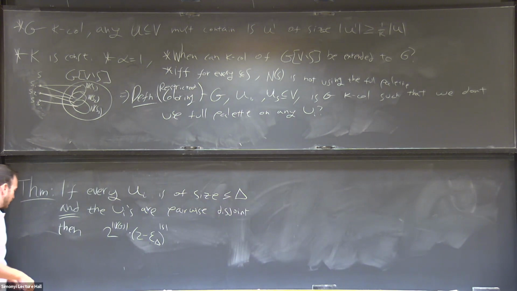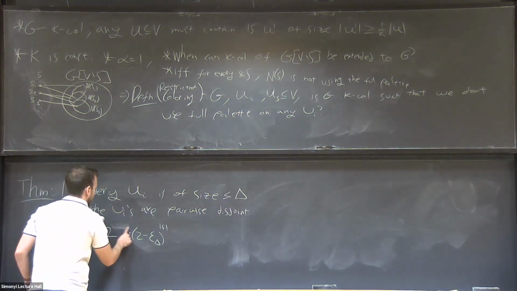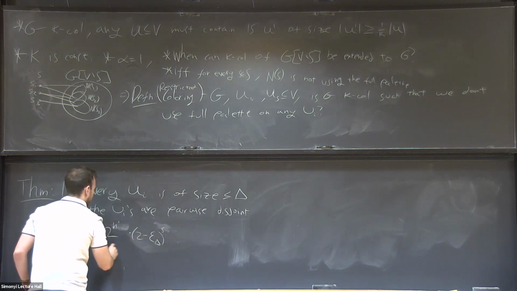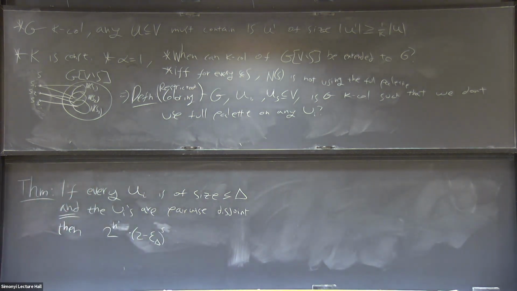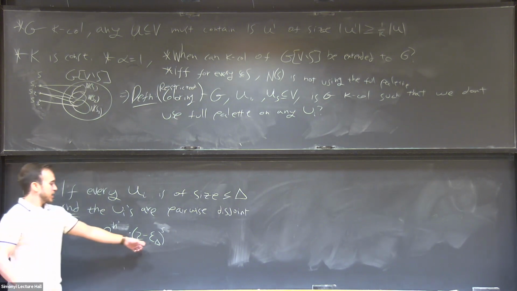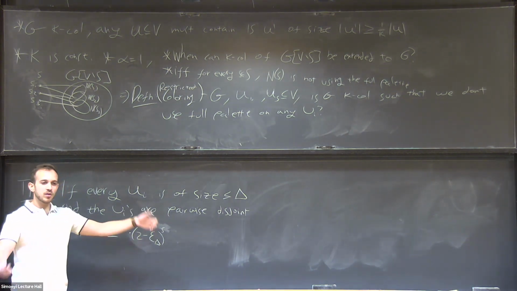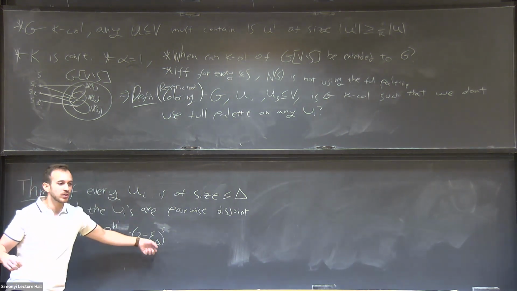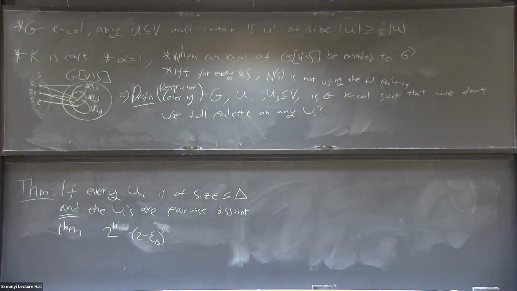I should find a name. Maybe let's call it n prime. So this will be n prime, and this will be s, and n prime will be n minus the size of s in the end. All right, so if my restrictions are disjoint and are small subsets, then I pay less than 2 for each restriction.